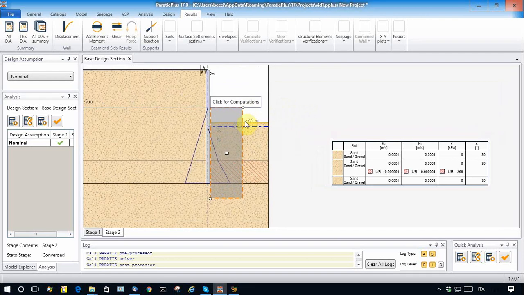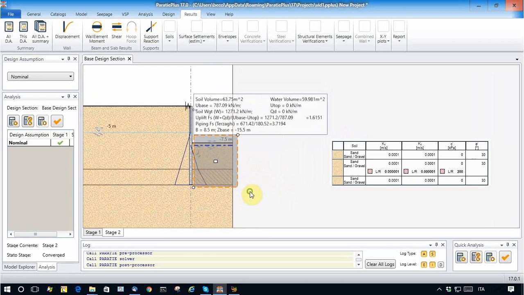What we do is we encompass the zone of interest, and in this zone the uplift safety factor can be calculated. The program says that by simply clicking you will have all you want.